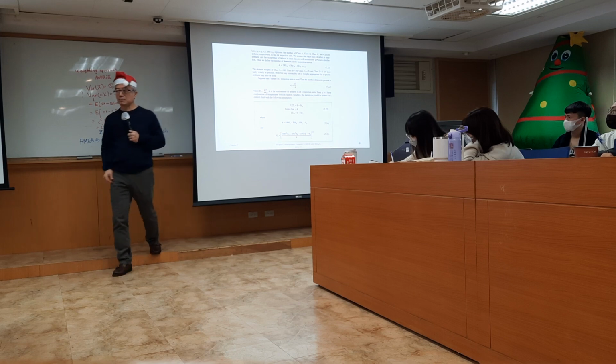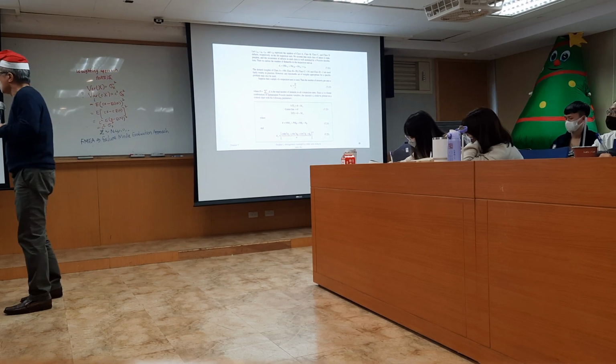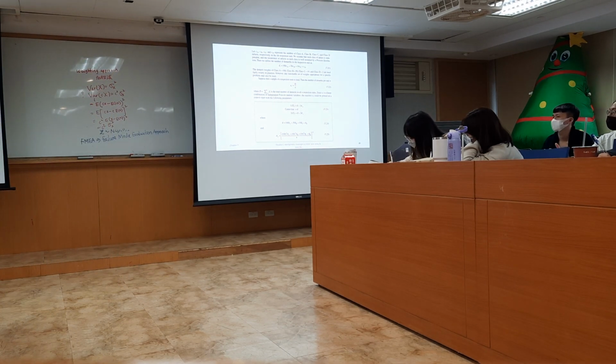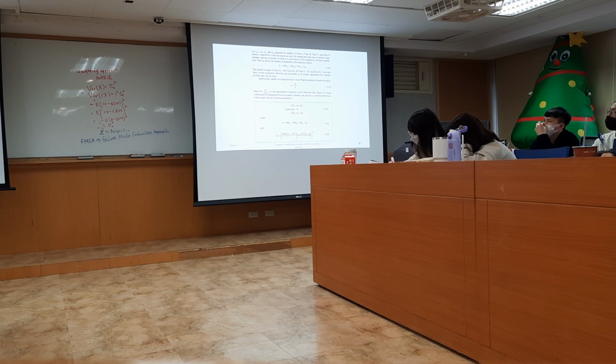Okay, thank you, gentlemen. Very good. Then, so mu bar. So we've got mu A, mu B, mu C, and mu D, since we have A, B, C, D. Then we've got the mu bar.